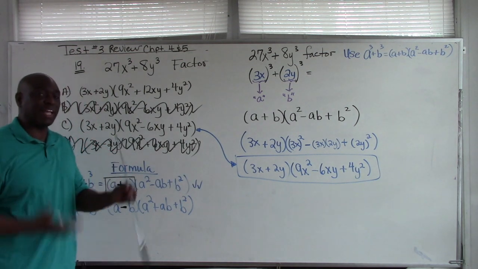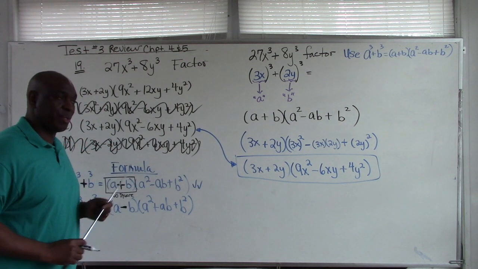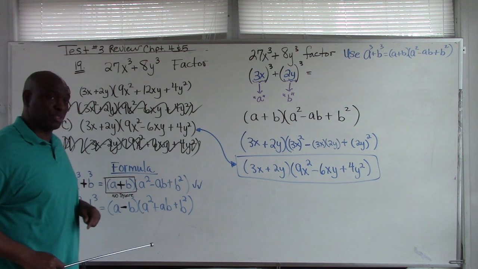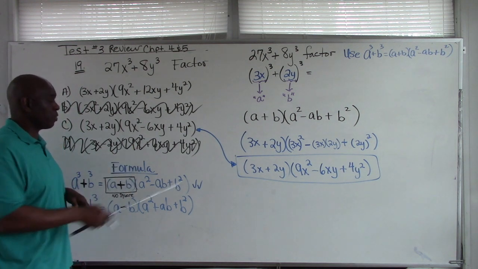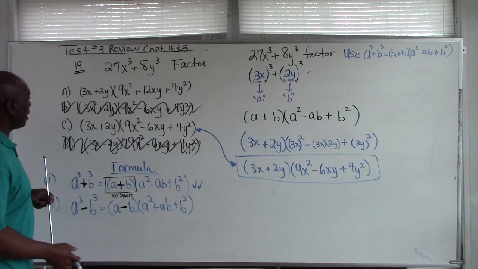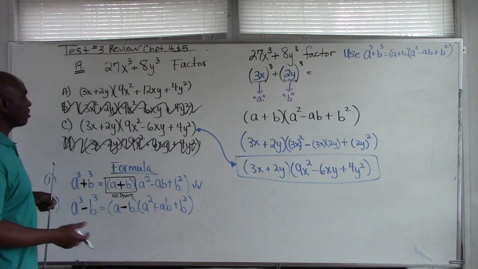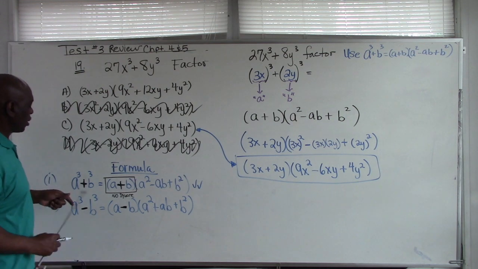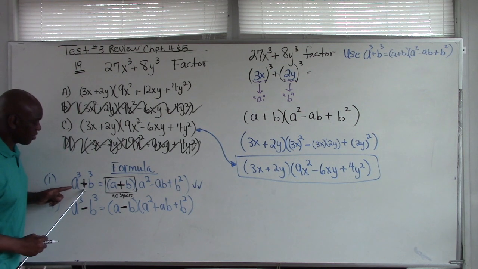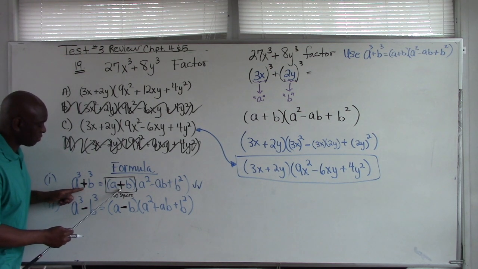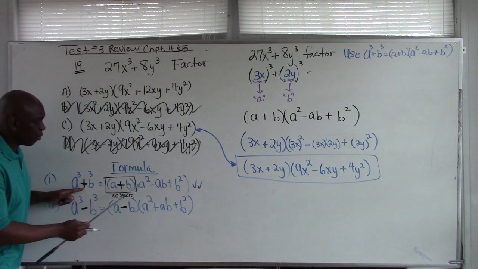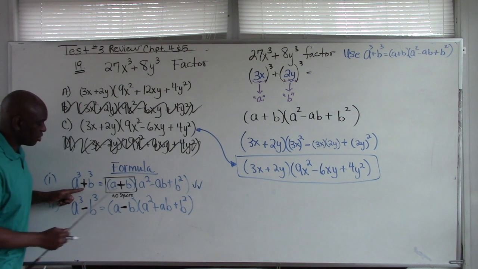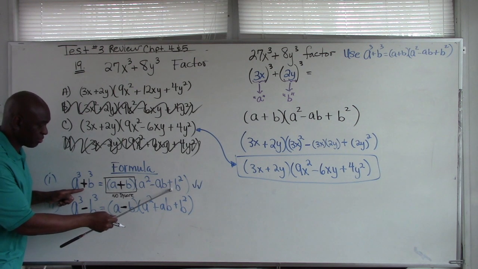See, we're using our answers to try to determine what the correct answer is. We're using these selections to get to our correct answer. Okay? And what else did we notice here? Look at the pattern. If this is a plus, the first sign is plus. And then we go minus plus. So it goes plus, minus, plus.